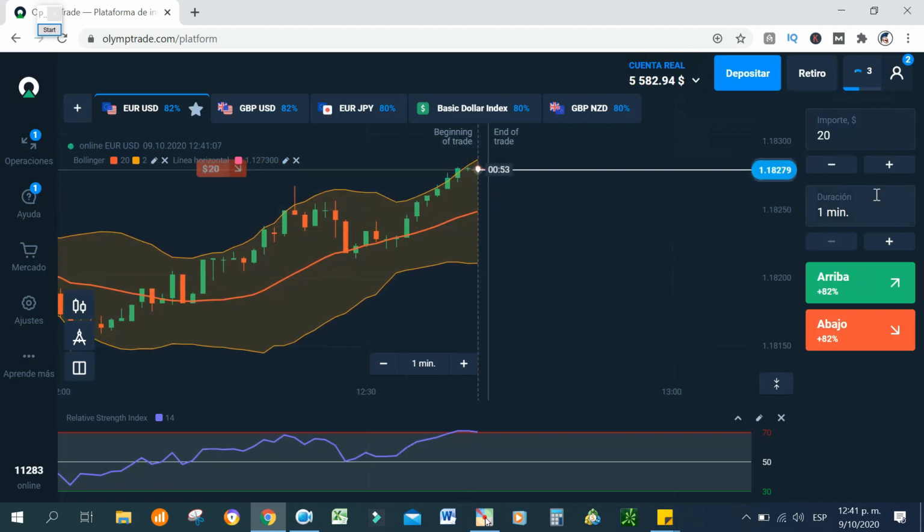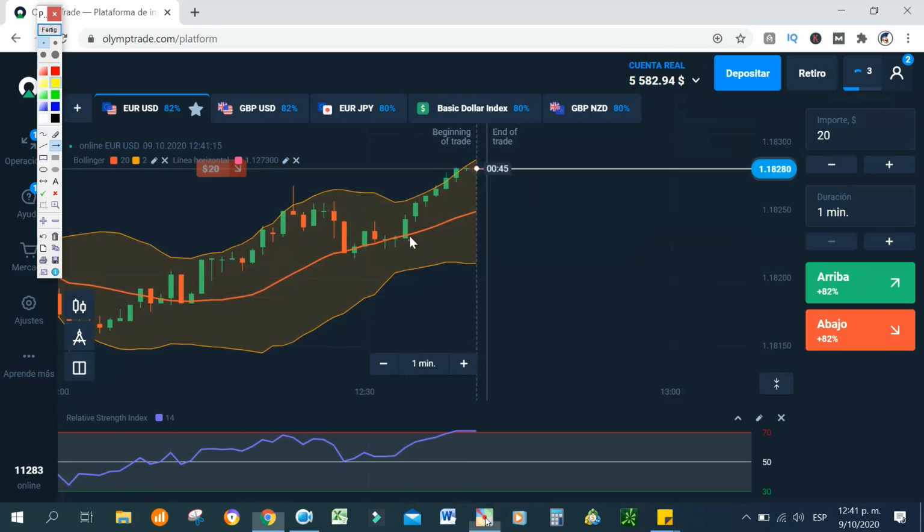Just made a sale with 1 minute expiration. Why did I make this sale? It's very simple. We have all the conditions to make the sales. One of the first conditions is that we have the price in overbought zone, so it's above the upper Bollinger Band.